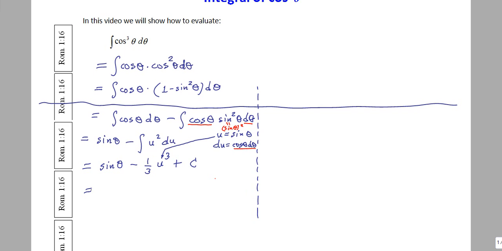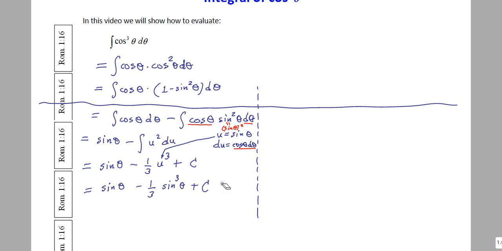So this is sine of theta minus a third of u cubed, where u is sine of theta, so minus a third of sine cubed theta plus a constant of integration. So there you have a formula to express the integral of cos cubed theta d theta.